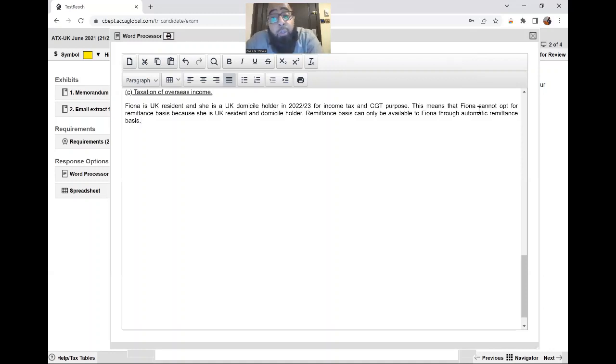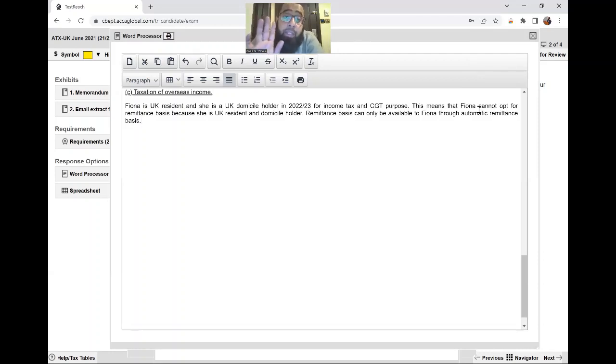Now, let's look at automatic remittance basis. There were two situations: unremitted amount below 2,000. You have to know the rules. If you don't remember the rules and you are not revising, I cannot help you. If you have forgotten the rules, look at the summary notes.